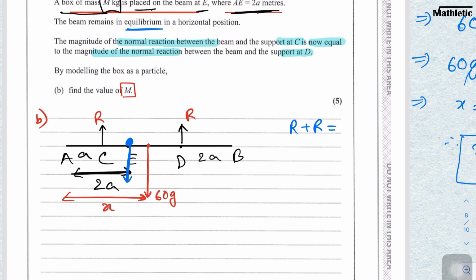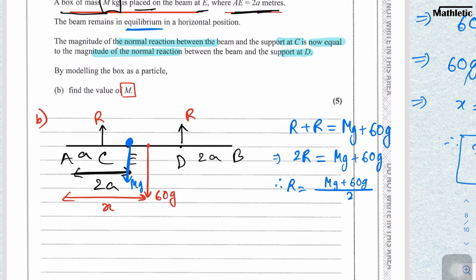So the weight should be mg, plus the weight of the beam, 60g. So we get 2R equals mg plus 60g. So from here we get an expression for R: mg plus 60g divided by 2. You can even simplify this, or let me just keep it like that.